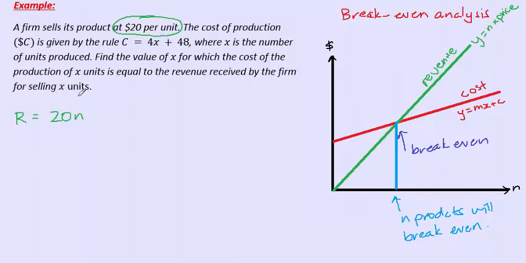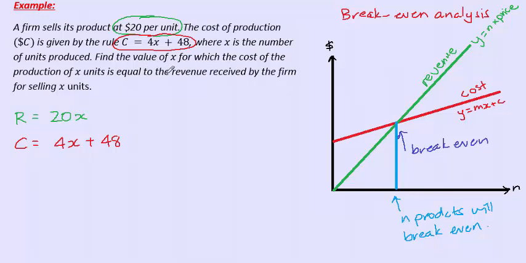So rather than write 20n, I'm going to write 20x, 20 times the number of units. My cost, which is in red on this graph, is 4x plus 48.